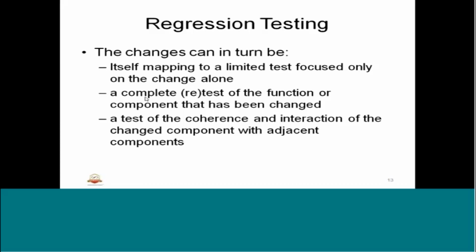Test tools can also be used effectively to support the execution of the regression test. When the regression test is largely automated, selecting which regression test cases to skip is no longer necessary because the full regression test can be executed with limited effort. That's why we don't need to skip.